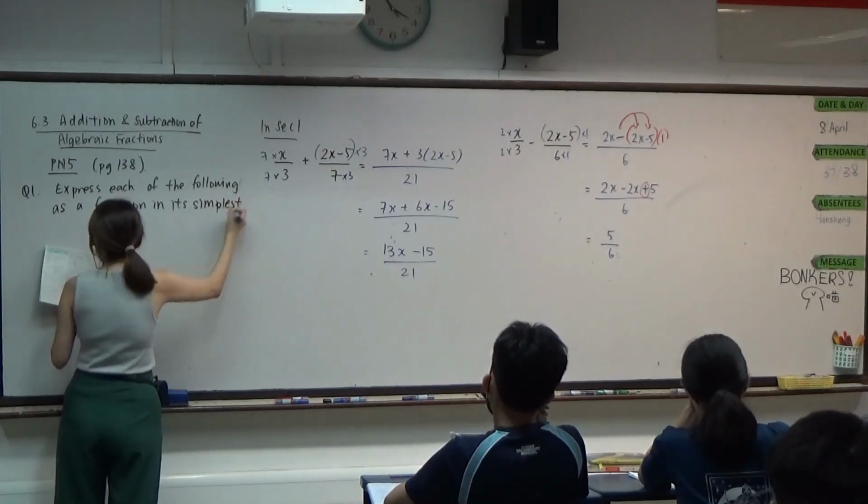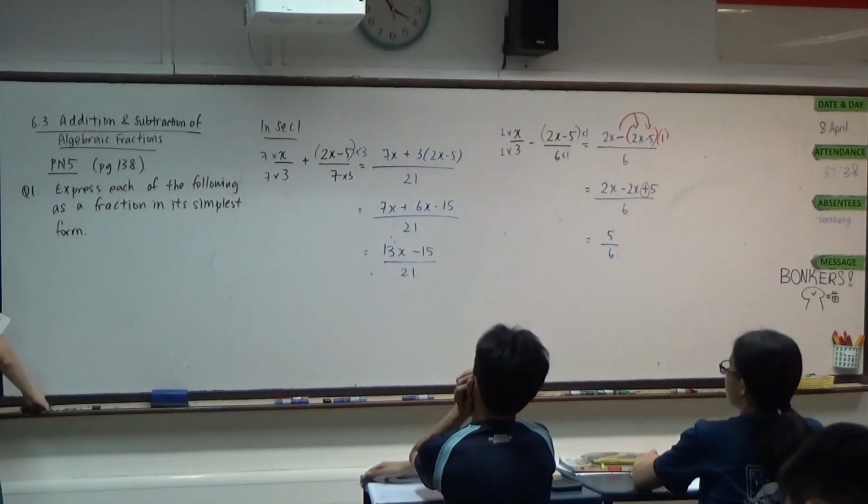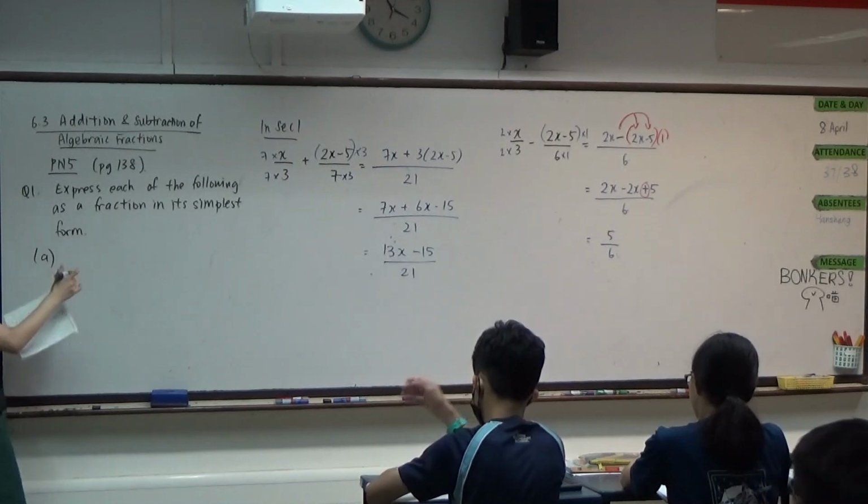This is how a question would normally be phrased. They will say express each of the following as a fraction, meaning you need to combine them into a single fraction.